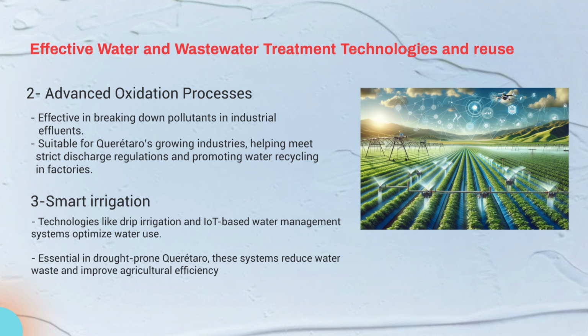On the agriculture front, smart irrigation technologies like drip irrigation and Internet of Things based systems can significantly reduce water use. By distributing water precisely according to crop needs and soil moisture levels, these technologies help conserve water in Querétaro and its drought-prone environment.